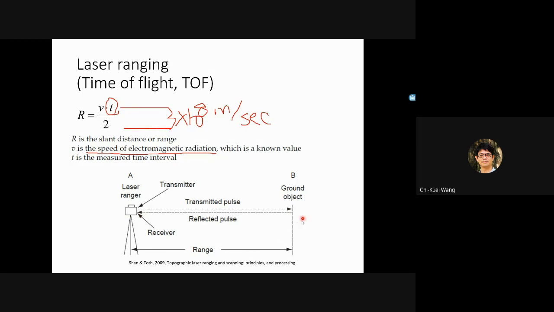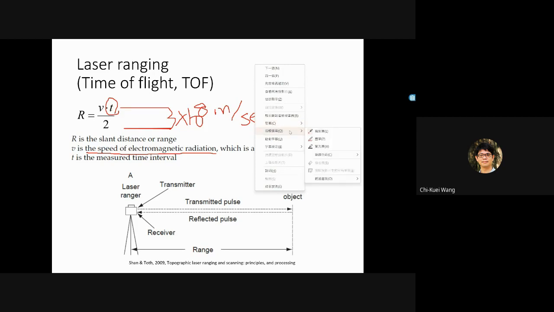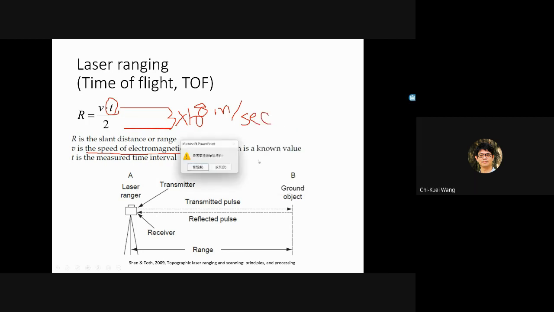Now the thing is, why do you have the reflectance of the water surface? Let me try to type here.